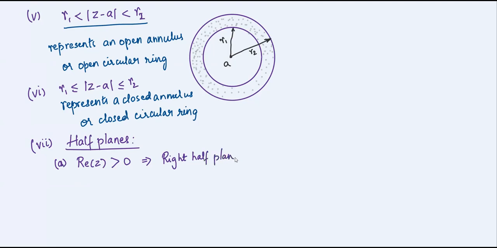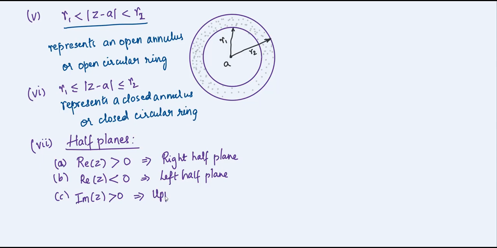We know what this is. And then real part of Z is less than 0. You get the left half plane. Now, imaginary part of Z is greater than 0. This is the upper half plane. And imaginary part of Z is less than 0. This is the lower half plane.